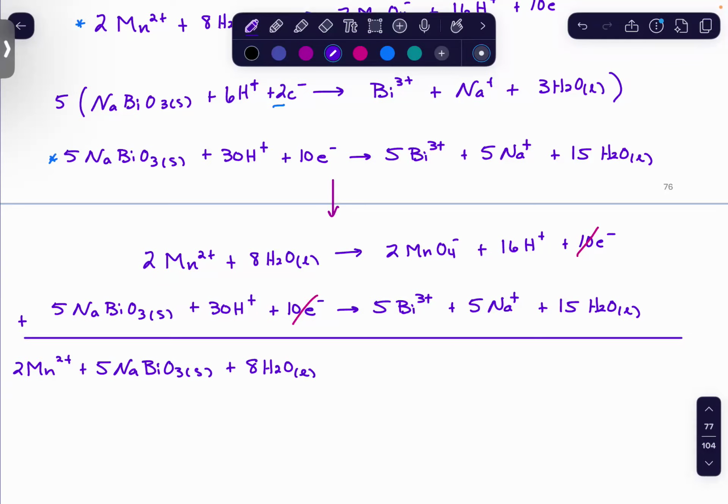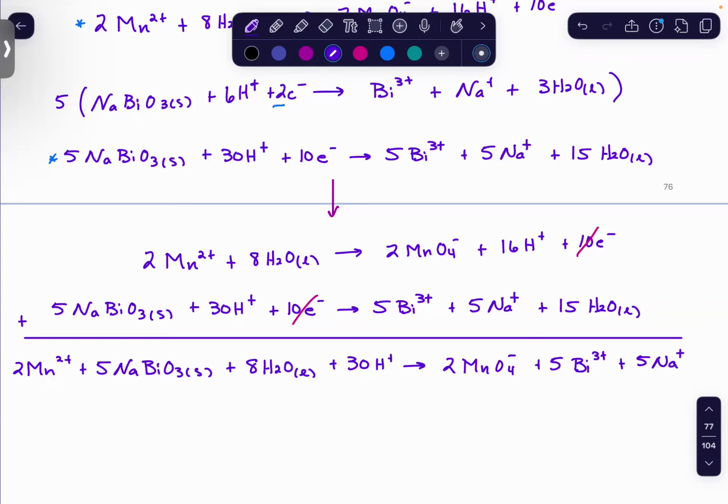Eight waters. 30 protons. The other side: 2 permanganates, 5 bismuth, 5 sodiums.